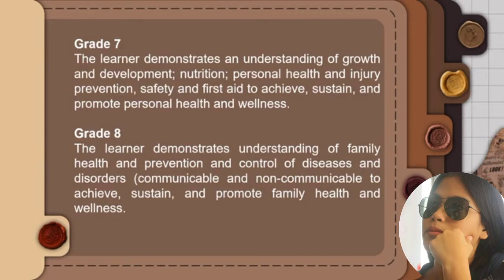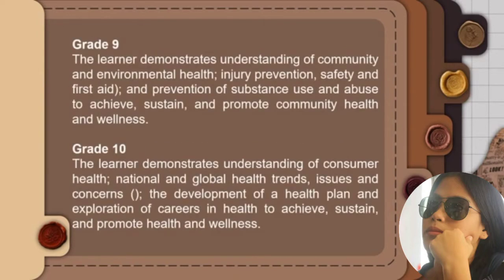Grade 8, the learner demonstrates understanding of family health and prevention and control of diseases and disorders, communicable and non-communicable, to achieve, sustain, and promote family health and wellness. In grade 9, the learner demonstrates understanding of community and environmental health, injury prevention, safety and first aid, and prevention of substance use and abuse to achieve, sustain, and promote community health and wellness.